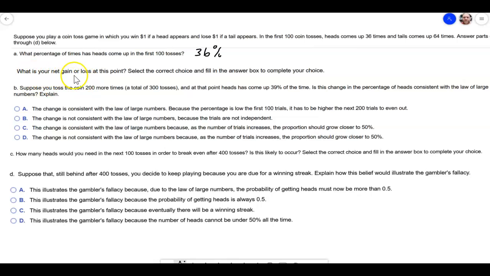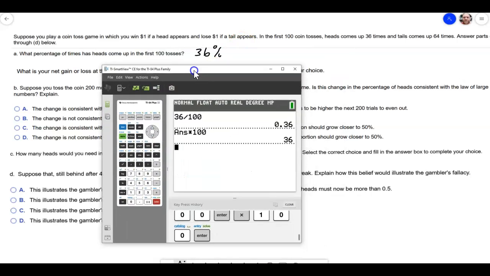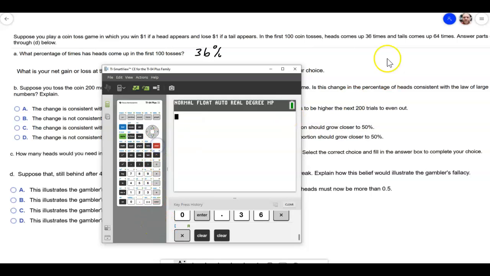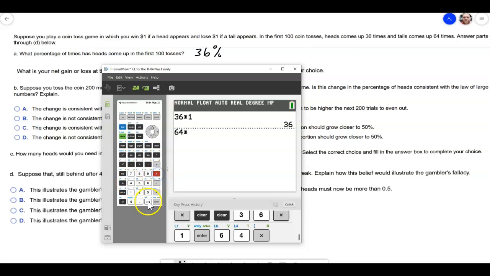Now it says, what is your net gain or loss at this point? Select the correct choice and fill in the blanks. So how much did we win or lose? Well, we won 36% of the time, so 0.36 times 100, we actually won 36 times. So 36 times we won $1, and 64 times we lost $1.